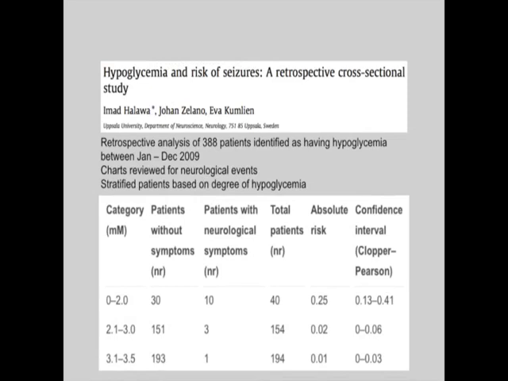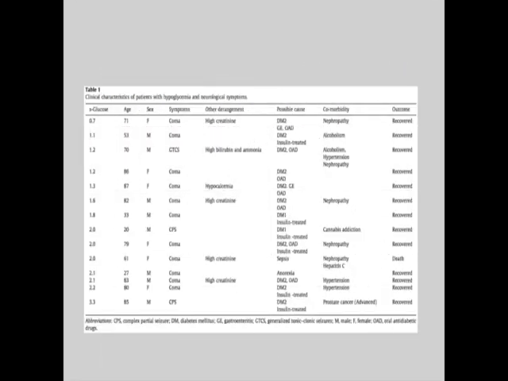In the more recent study that came out on this, they looked at 388 patients who presented to emergency with hypoglycemia in 2009 in a hospital in Sweden, and they stratified based on level of hypoglycemia, and they found, obviously, that the more hypoglycemic you are, the more of a chance of having neurologic symptoms. So 25% of patients who had a sugar less than 2 had symptoms. The majority of those had coma, with only a few having seizure.